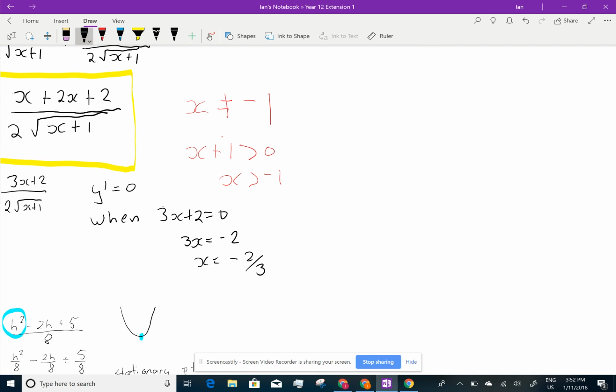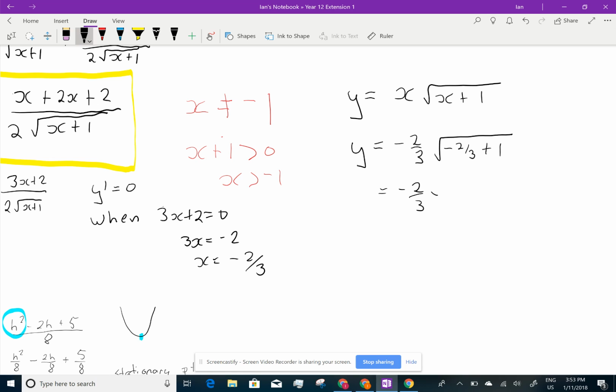So I have to go back. The y value. What was the original equation? X root x plus 1. Okay, so y is going to equal negative 2/3 square root of negative 2/3 plus 1. Well, that's negative 2/3 times root 1/3. Well, negative 2/3 times 1 on root 3.